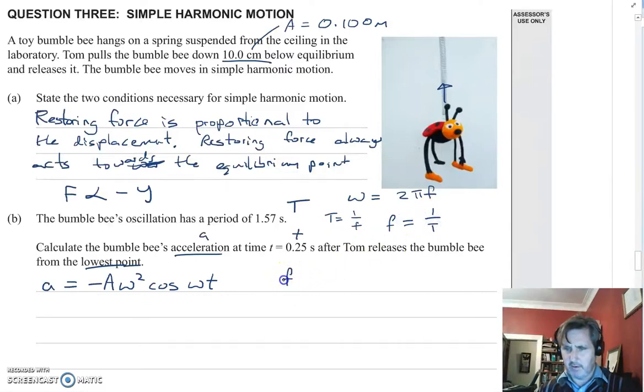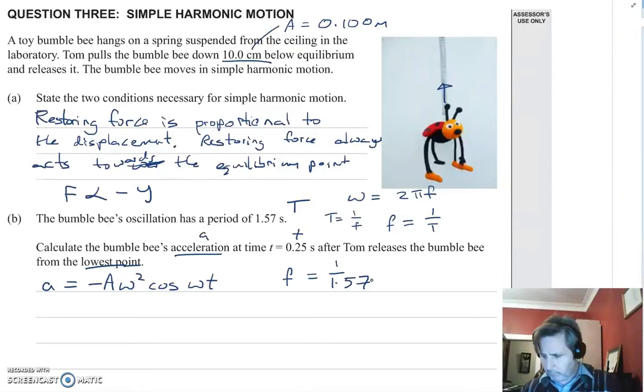Let's do that. Frequency equals 1 over 1.57. Just let me do this on my calculator. It's 1 divided by 1.57, which is 0.637.